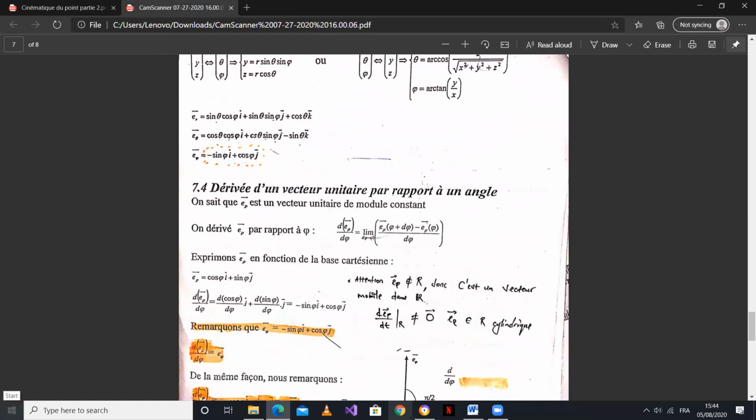If I say par rapport à theta, it means phi should be constant. Treat phi as a constant. You have 3 minutes. The time is 15:44. At 47, I'll expect a response from you guys. So, d de ER par rapport à d theta. Let's go.